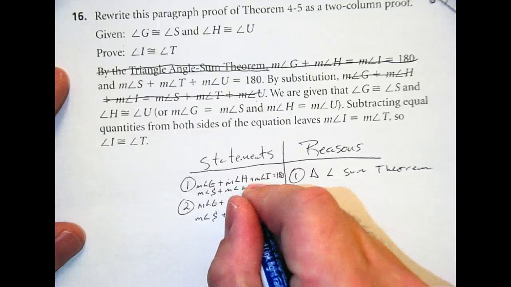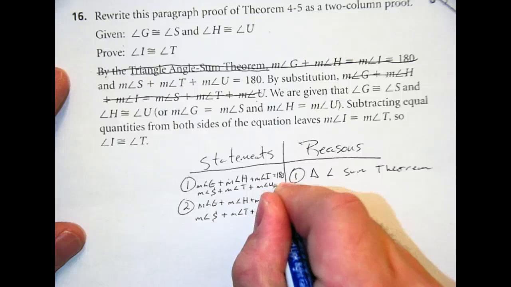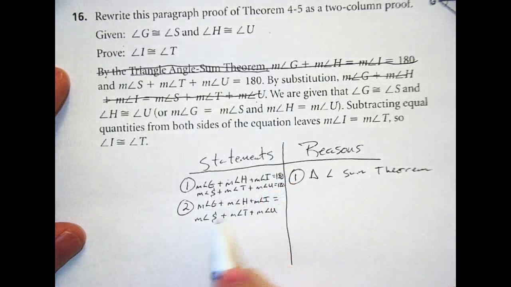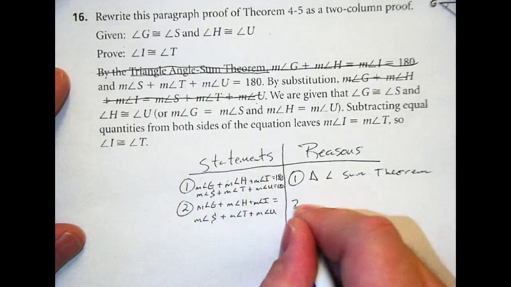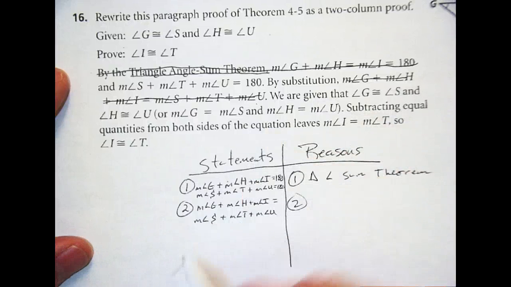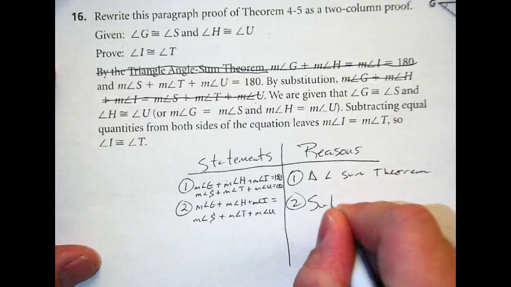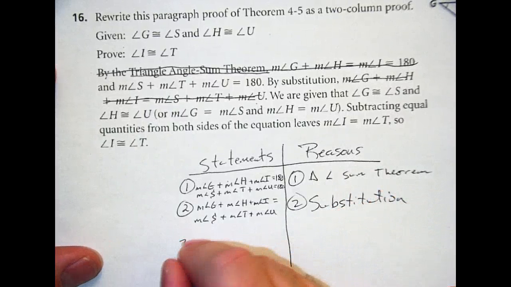Otherwise, we can't actually say this next thing. Because now we're saying that this equals this. So this piece equals that piece. How are we doing that? Well, we're doing it by everyone? Substitution.